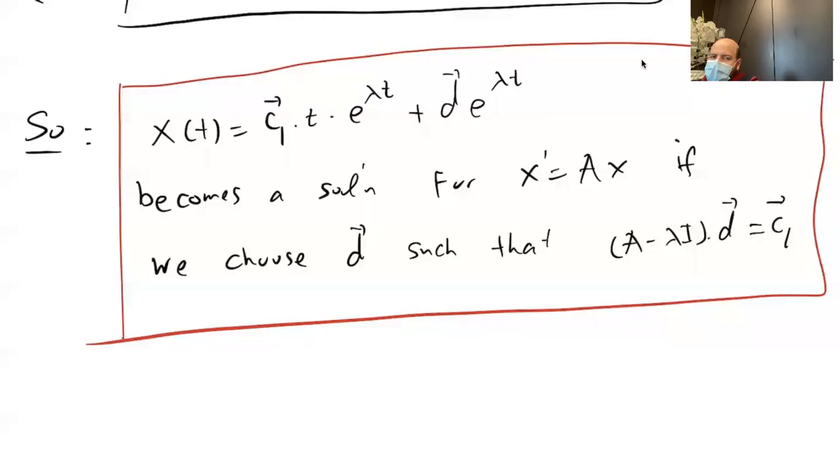All right, so basically our claim is that the two linearly independent solutions that we are looking for is this solution here, and the other one was, as we mentioned earlier, C1 e to power lambda t.